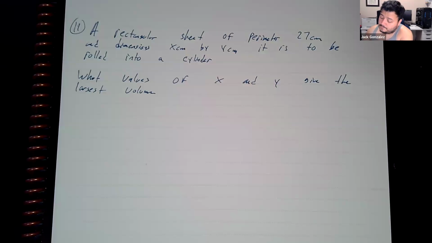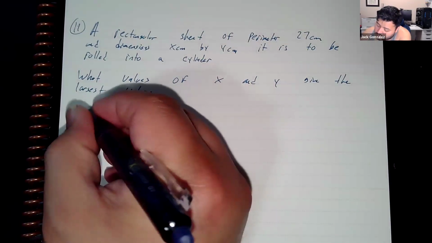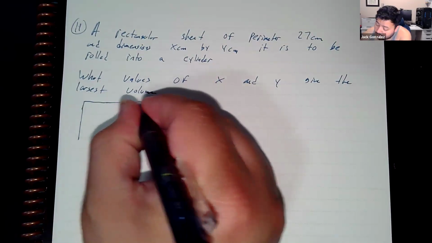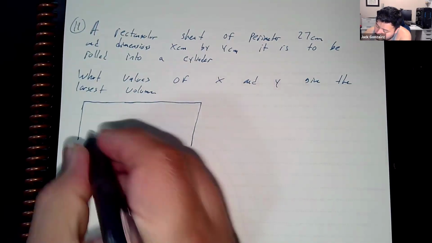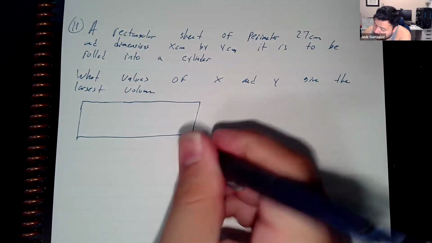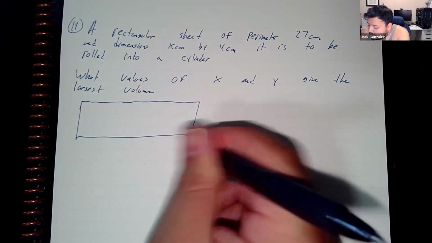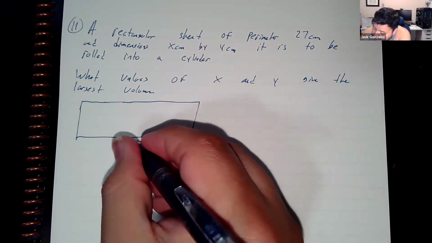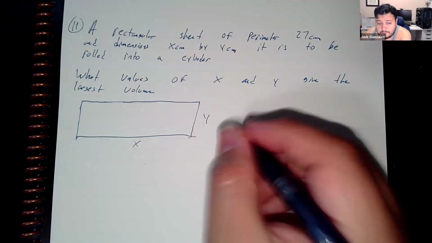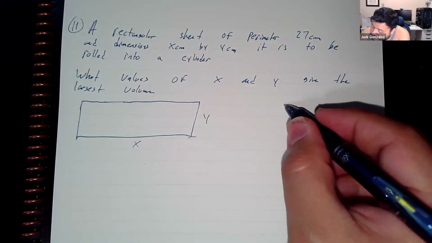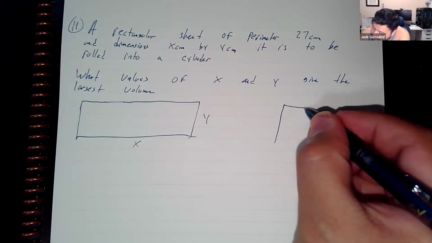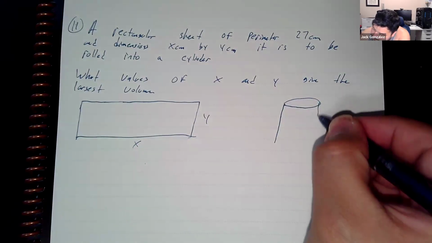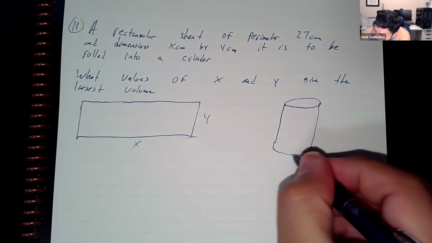Okay, so let's draw it out. I think they drew it on the question, I forget. Picture this rectangular sheet, dimensions X by Y. They're gonna roll it up and make a cylinder. See if I can draw a cylinder. Kind of.